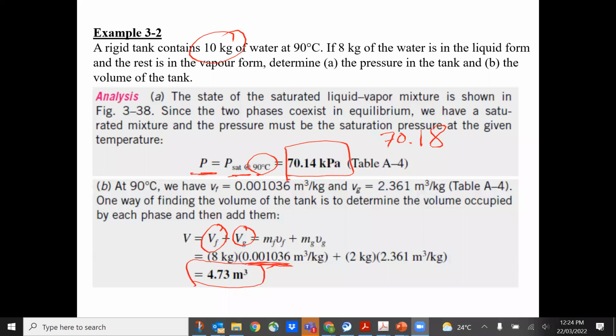For vf it's 0.001036, yes, exactly. And for vg, it's 2.359. Okay, multiply by 2 and then multiply. So see what the result is. If it's easy for you now, you can do it, please.